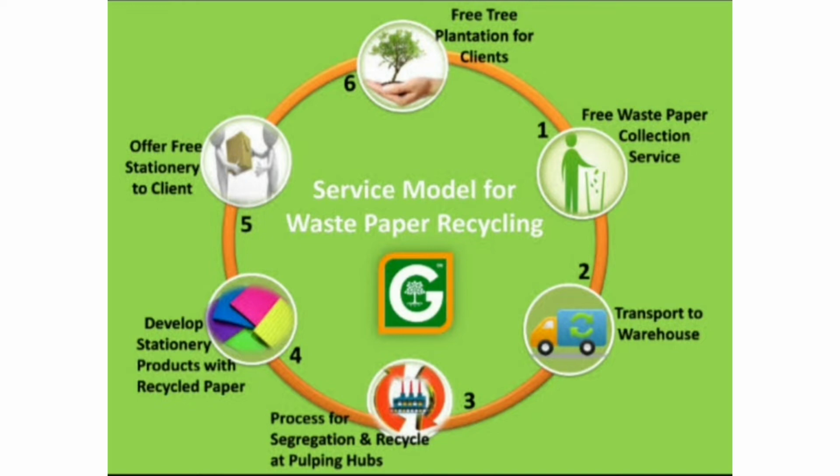The paper recovered is sent to the recycling centers where it is packed, graded, put into bales and sent to the paper mill. At the mill, the paper is stored in the warehouse until it is needed. The second procedure is repulping and screening.